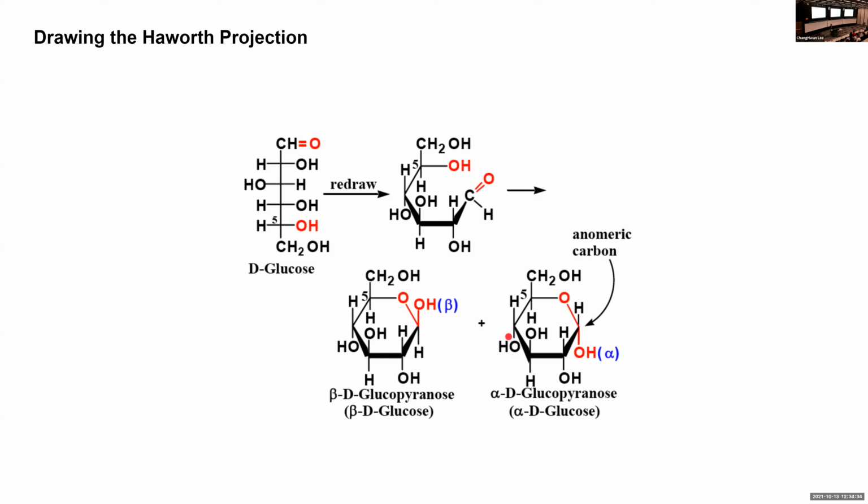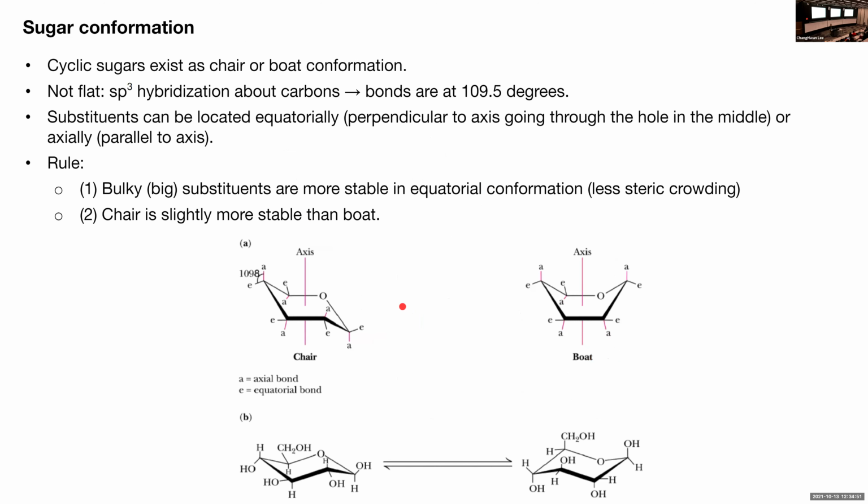And again, depending on where you see your hydroxyl attached to the anomeric carbon, you can tell whether this is alpha, which is the opposite side, or beta, which is the same side, for anomers. All right. And when you look at the sugar ring conformation, it is not just simply flat, but exists in either the chair form or the boat form.